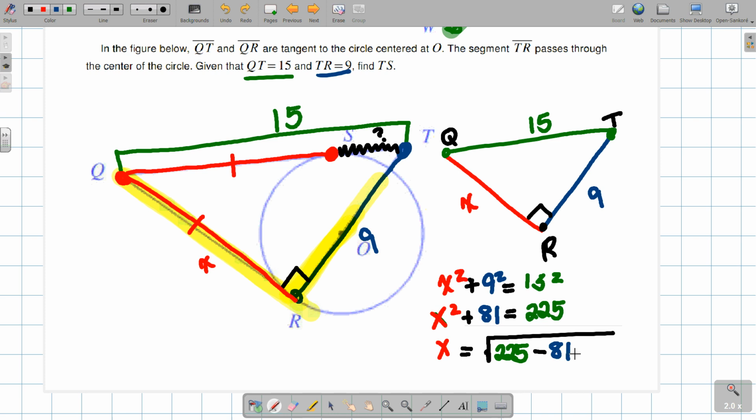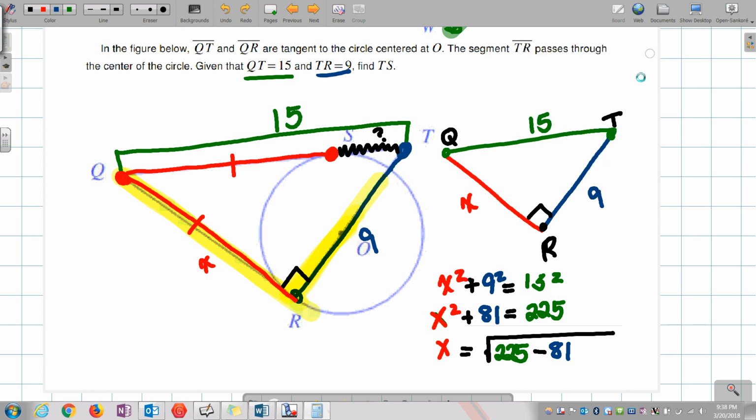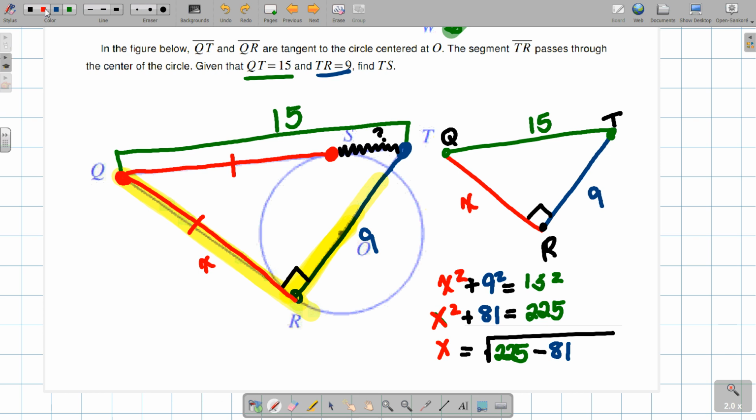See what I did there to get X by itself? Okay, let's get out your calculators. And we start with 225 minus 81, square root. Looky there, it's a whole number. I know whole numbers make you happy. So we just found from here to here, squiggle it, is 12.